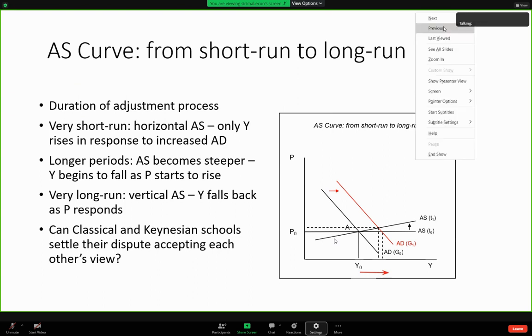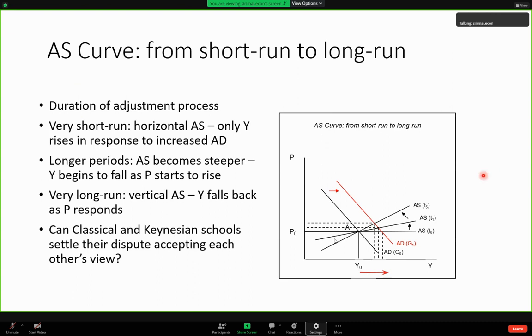If you look at it after some more time, the AS curve will be steeper than that, and the increase in output has fallen back because the price level is going up. So the shape, the slope, is rising until it comes to those vertical levels as the classicals assume.